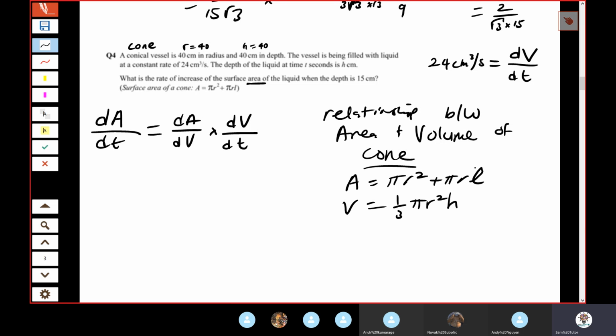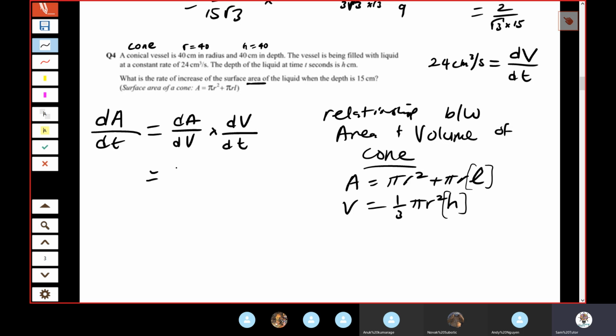And then you've got two annoying things: you're missing an L and you're missing an h here. Because if I wanted to differentiate this, it would be with respect to r, and then differentiate this would be with respect to r. H and L, we're going to get rid of that. So this one, you can't actually do. You can't do dA on dV.